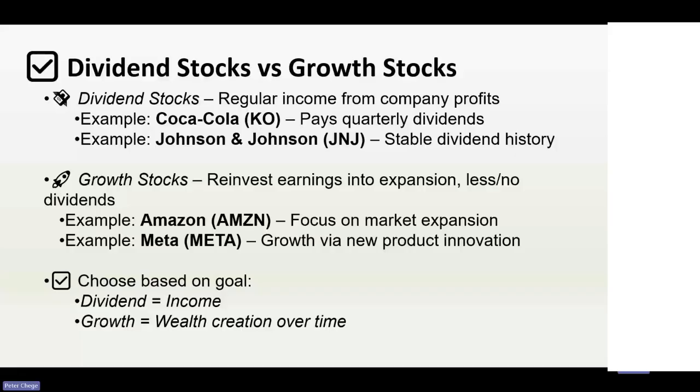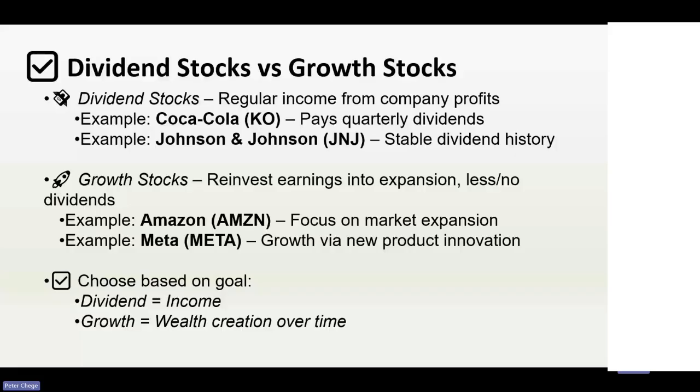And the others which don't issue dividend reinvest for growth, but then the price will increase because of that growth in the company. A good example could be Amazon. They focus on market expansion. So instead of giving dividend, they invest in logistics, AI, and global expansion. They are good for long-term capital gains potential.